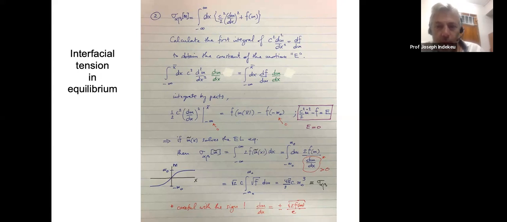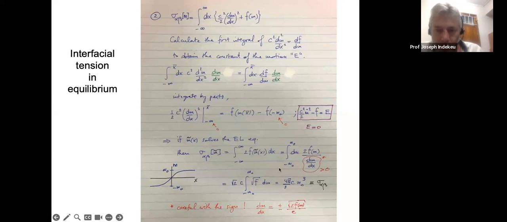If we use that in the functional, then for the optimal profiles that satisfy the Euler-Lagrange equations and the first integral, we obtained that the interfacial tension is a very simple integration over the square root of this function f.